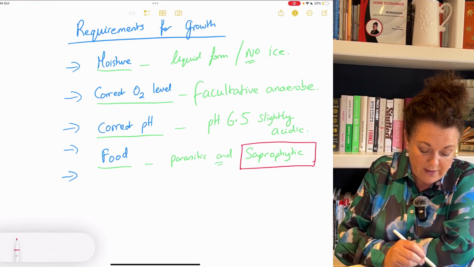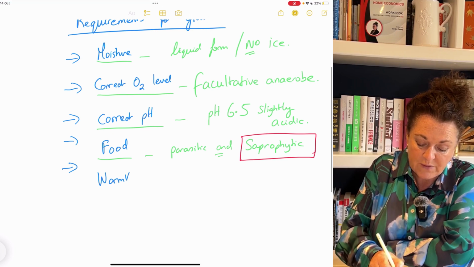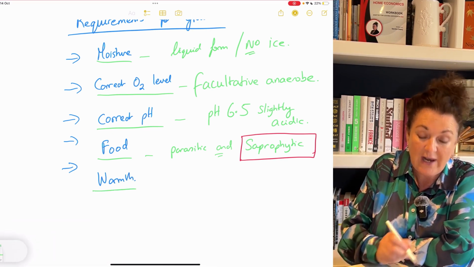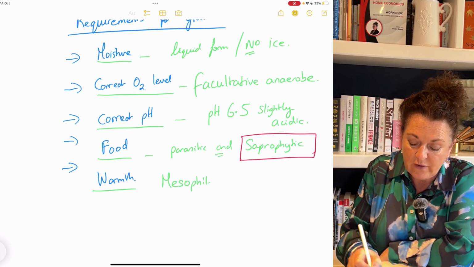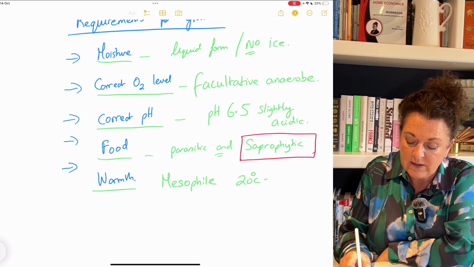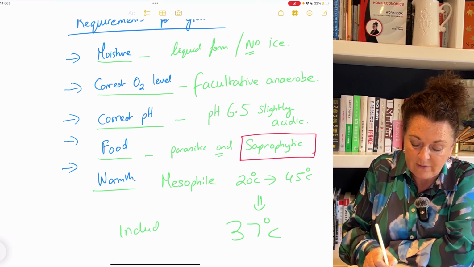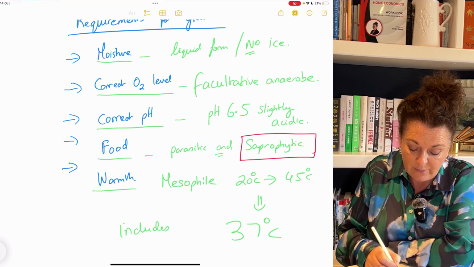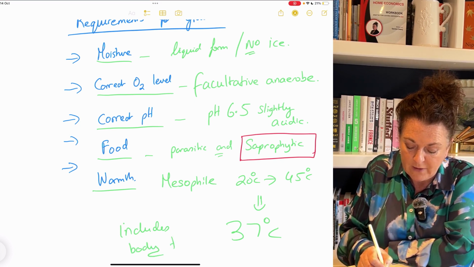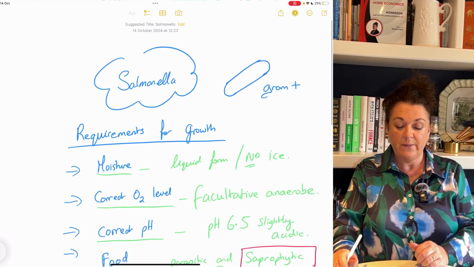And finally then we have warmth. And in terms of temperature, stick to the language used for the temperature range. It happens to be a mesophile, and that's 20 degrees to 45, but it includes body temperature, which is a temperature that Salmonella considers to be its very optimum temperature. So they are the conditions for growth of Salmonella.